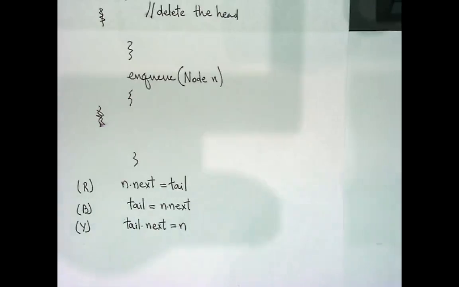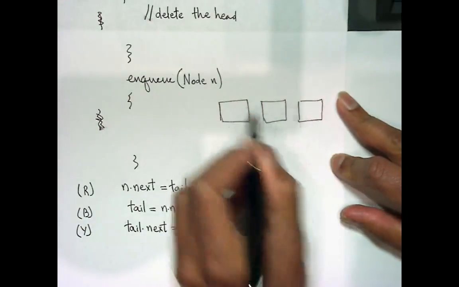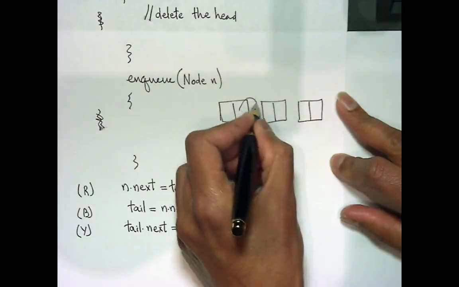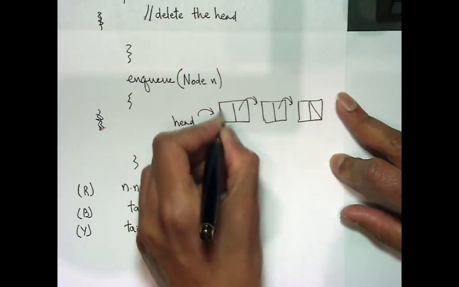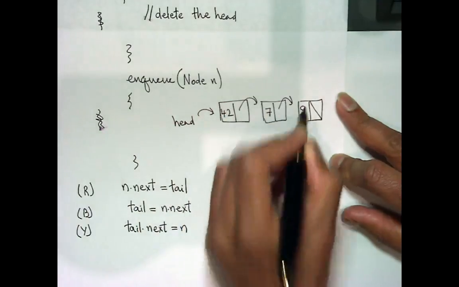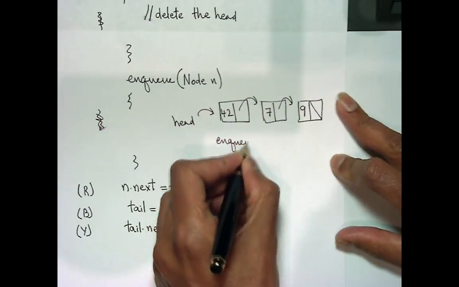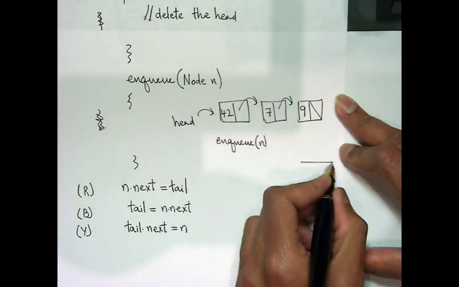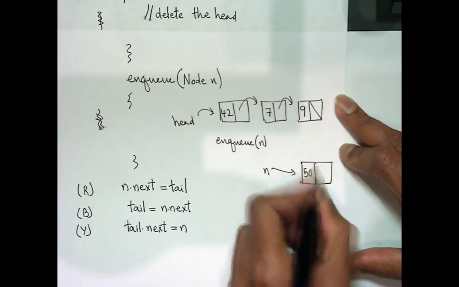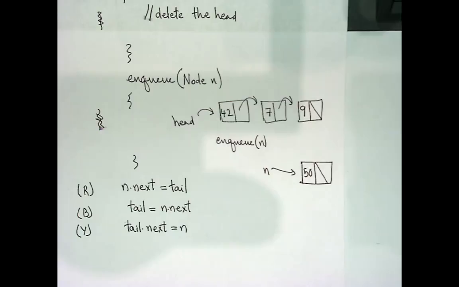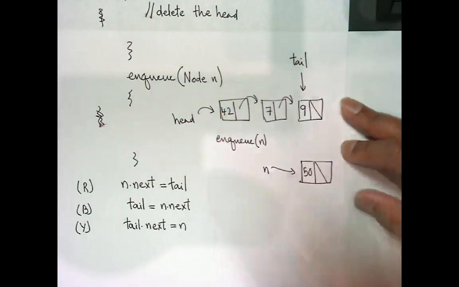So maybe let's draw the linked list here. I'll just draw a smaller linked list. This is head, 42, 7, 9. Let's say you did an NQ n, where now n is this node with 50 here. And tail was pointing here.